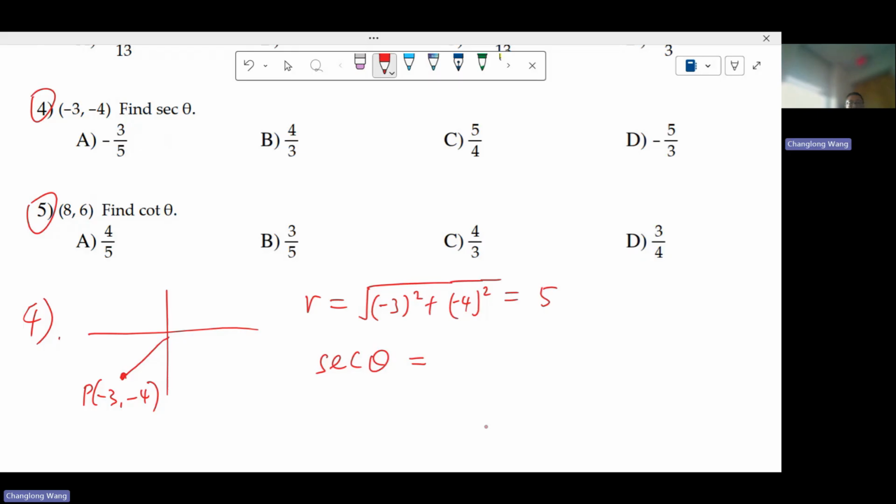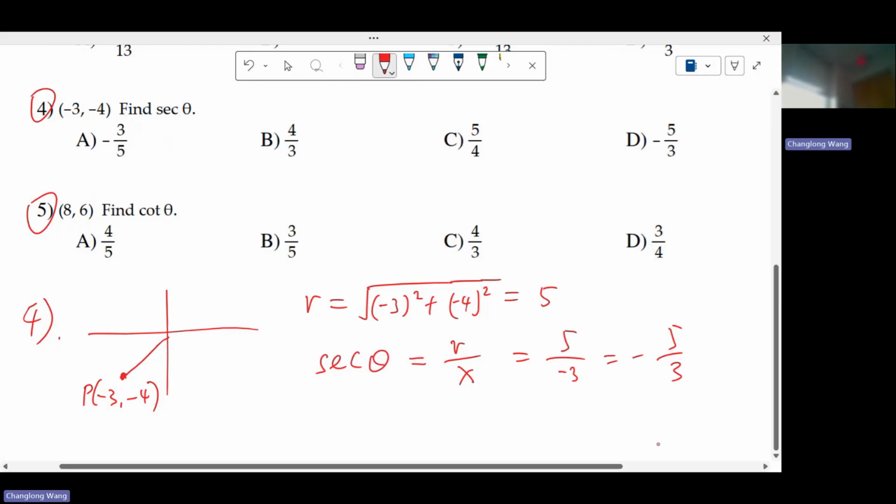Adjacent over hypotenuse, right? Now, which of the coordinates, is it x or y, that will be taken as the adjacent? X is the horizontal width, right? So it's the adjacent x. So that's why it's r over x. Okay, so now there you go, right? 5 over -3, so it's -5/3.